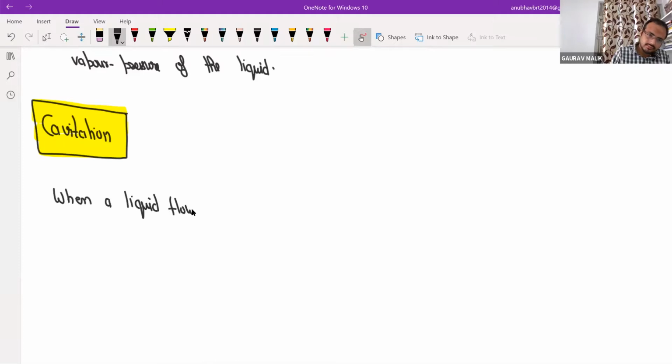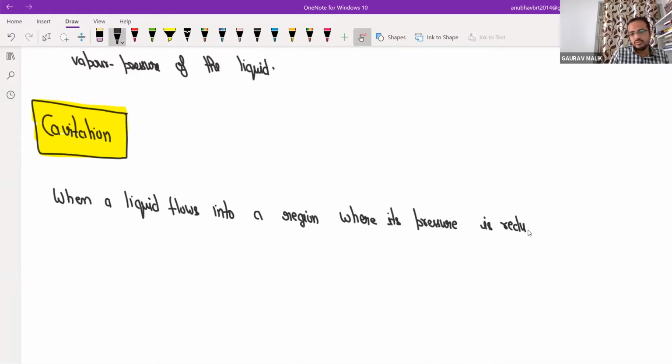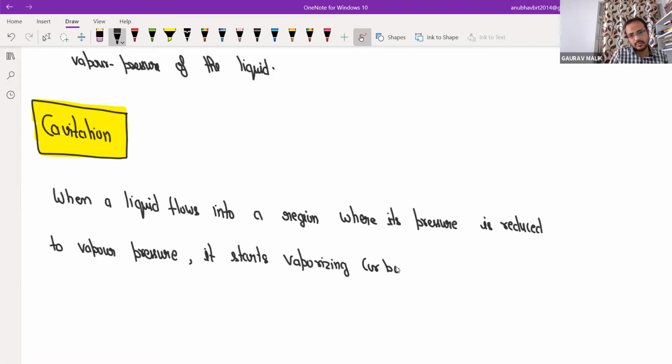When a liquid flows into a region where its pressure is reduced to the vapor pressure, then it starts vaporizing, or boiling, and bubbles are formed.